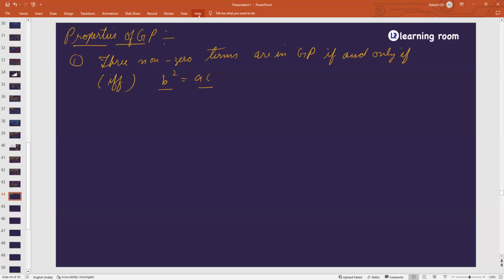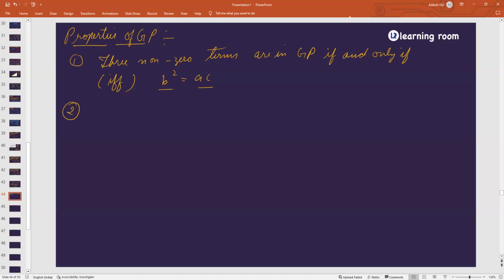If you have been given three numbers and they are asking you to check whether they are in GP or not, you check like this: the product of the first and last term will be equal to the square of the middle term, right?